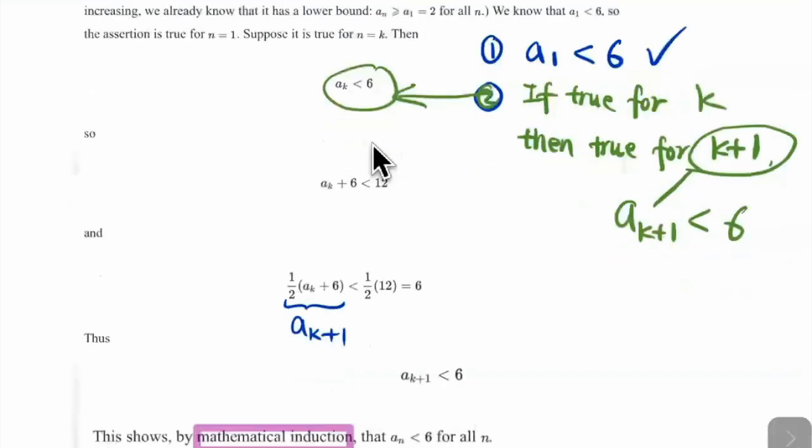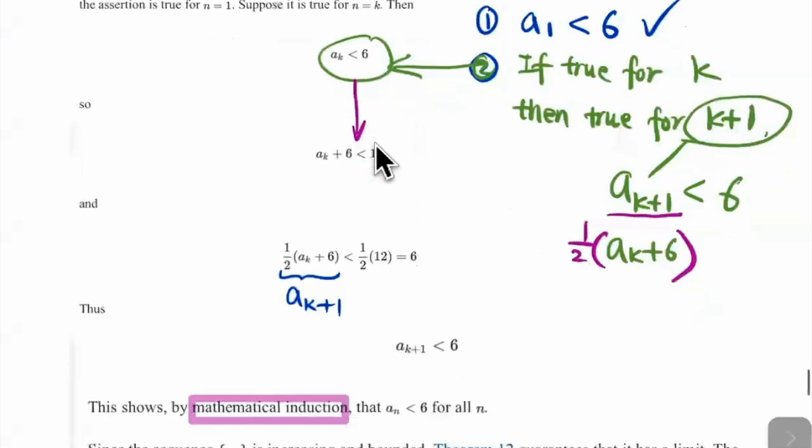Let's write this up. What's a of k plus 1? 1/2 of a of k plus 6, right? If I can show that this is less than 6, that's okay, right? Now, I have this one over here. So all I have to do is add 6 to both sides of the inequality, and this is going to be true, right?